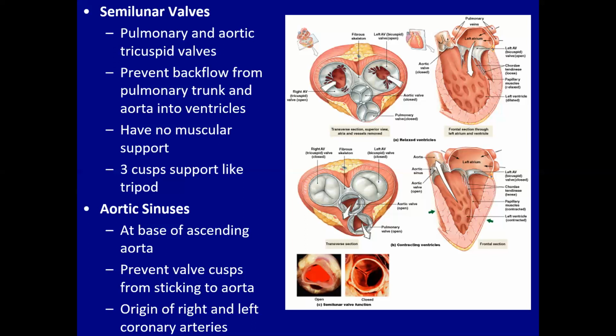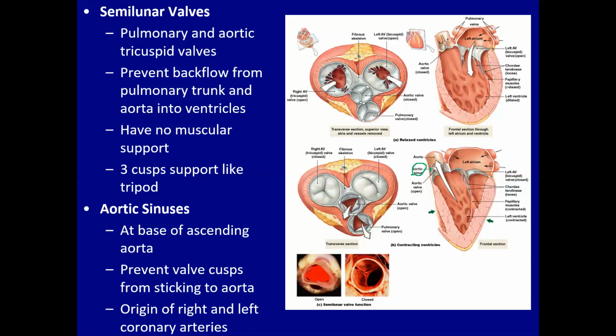There is a structure I would like for you to notice, and it is called the aortic sinus. Aortic sinus, here it is right here. Notice it's behind this cusp. So it's at the base of the ascending aorta, and it has 2 jobs.